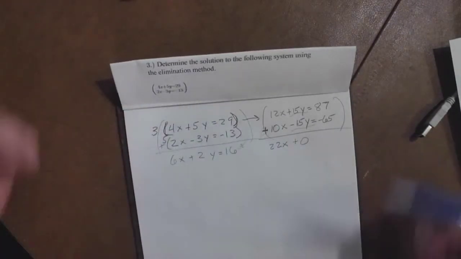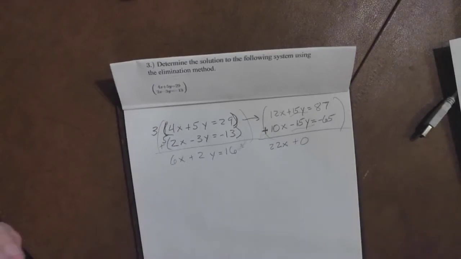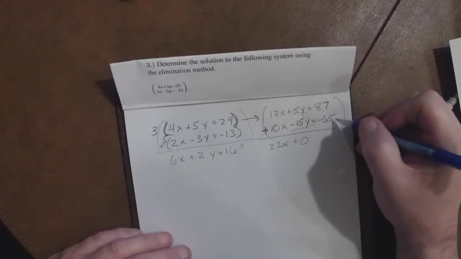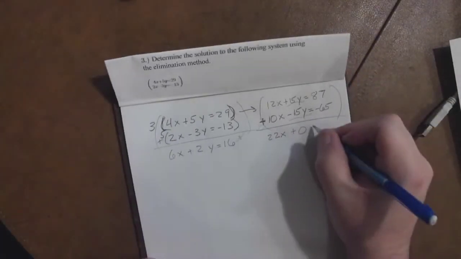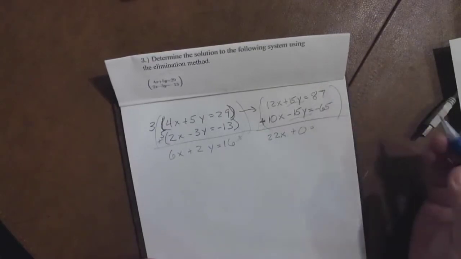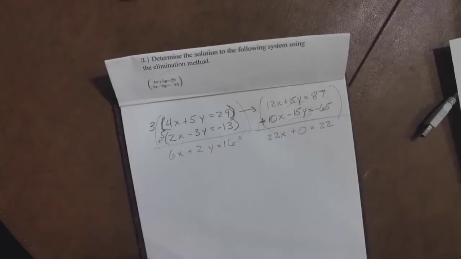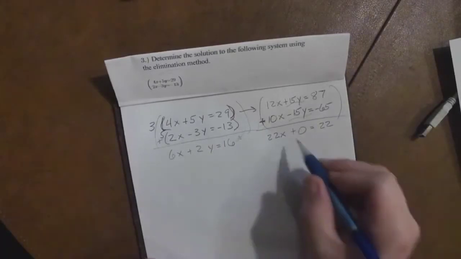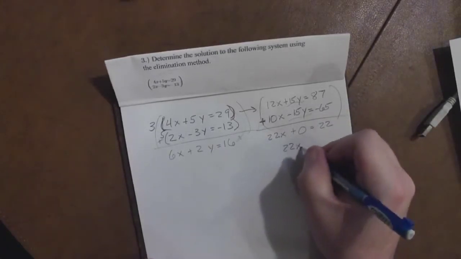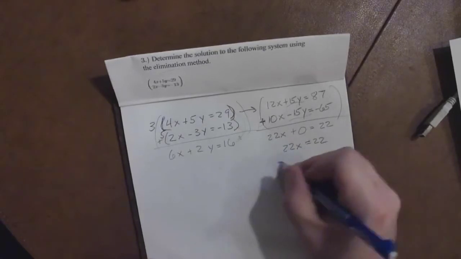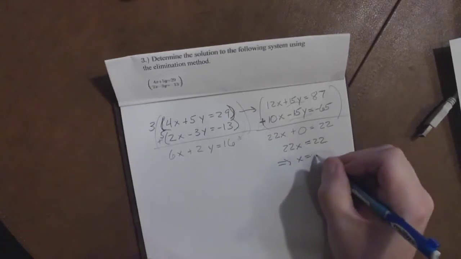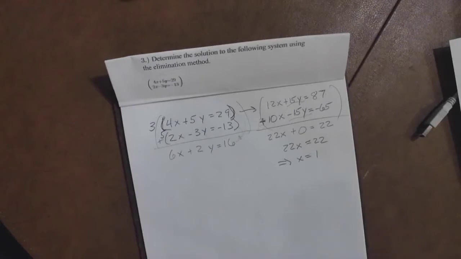So this is where we get the name for this method called the elimination method. Now if we add 87 to 65, that does result in what? You should be able to see that. That is going to be 22 in value. Where you have really just 22x equals 22, implying x equals 1 in value if you divide both sides by 22.